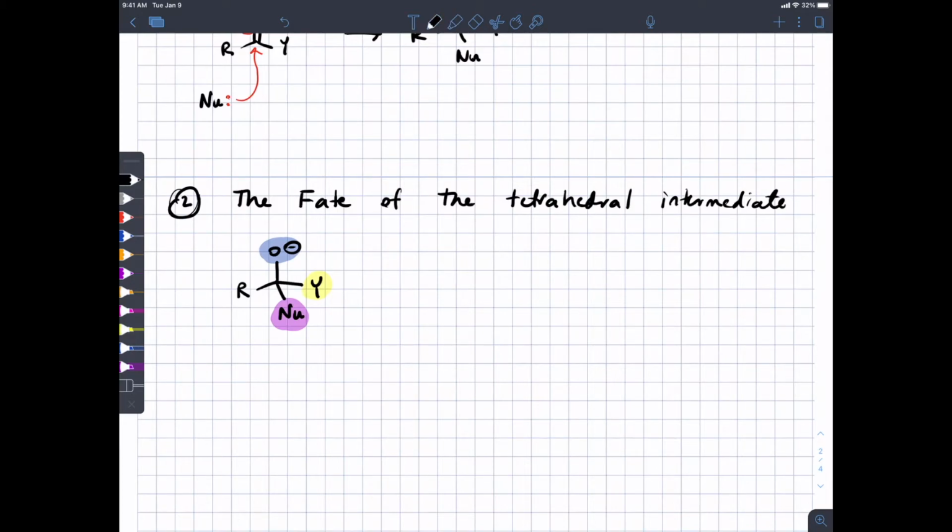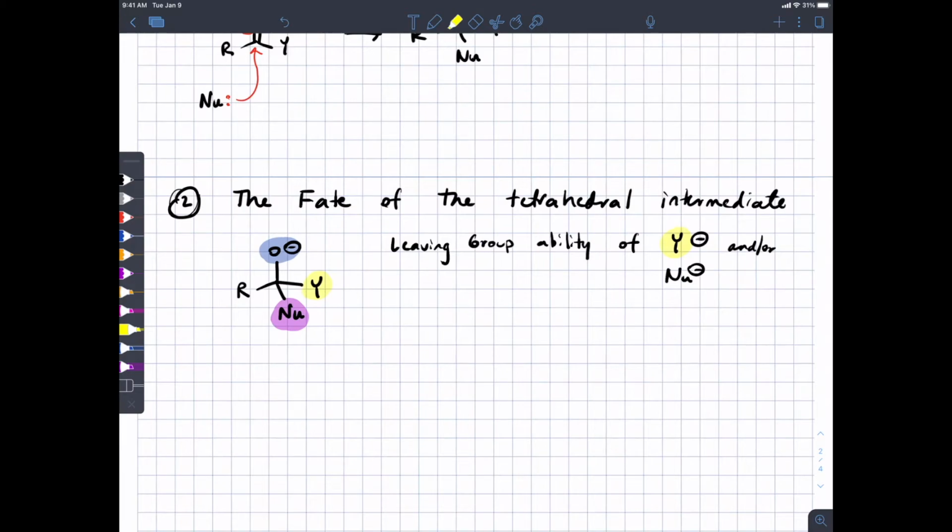We're going to ask about the leaving group ability, the leaving group goodness of Y minus and/or the nucleophile. Okay?